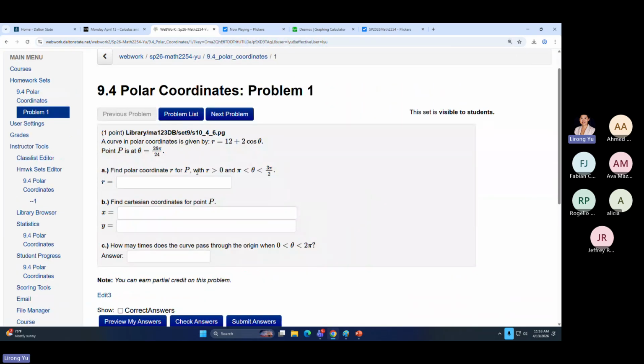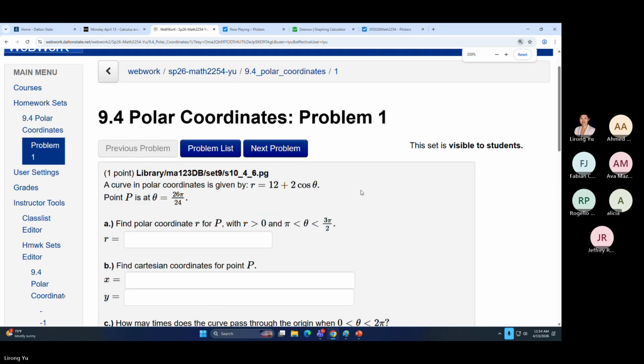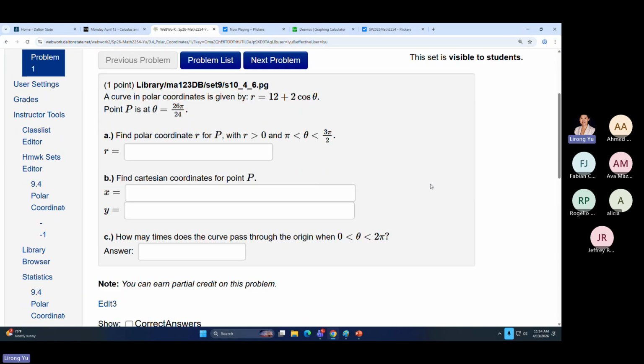The first question is to identify a single point on the polar curve and write different coordinates for it. Let's at least go through the first one or two examples.